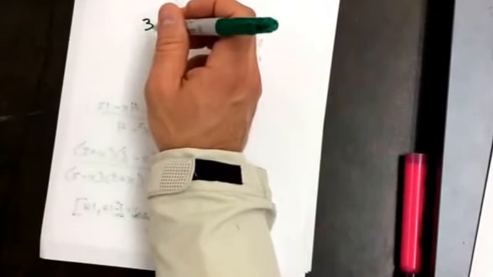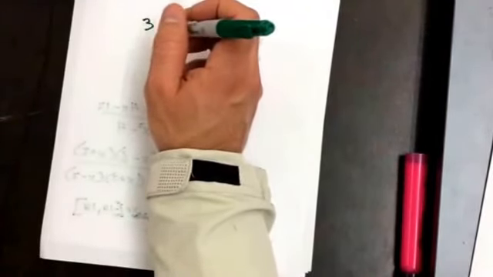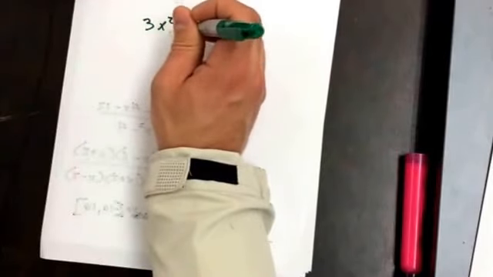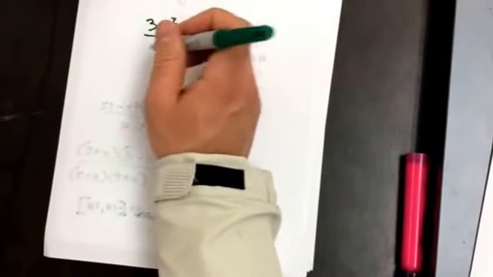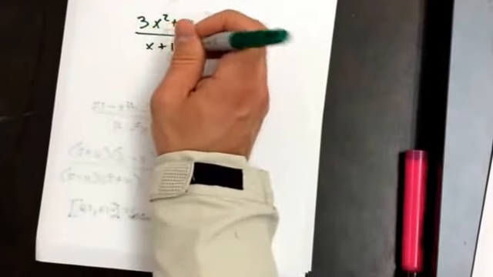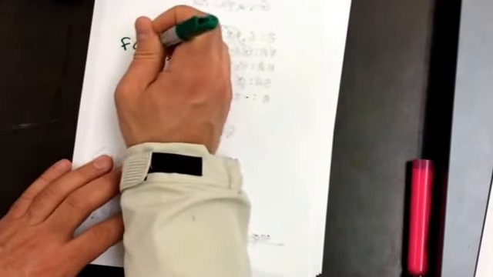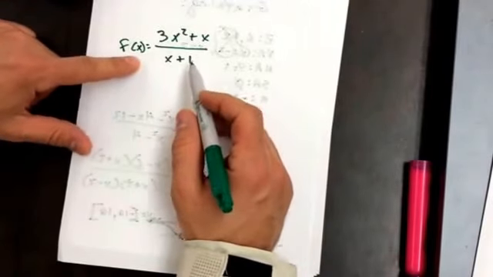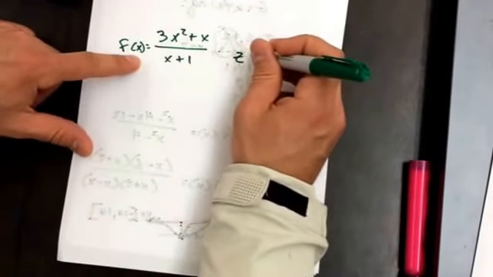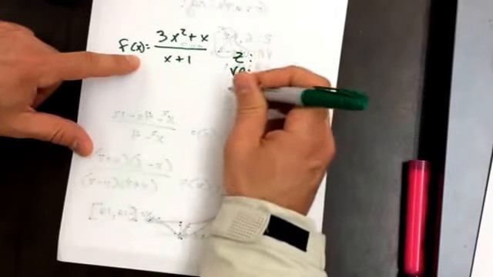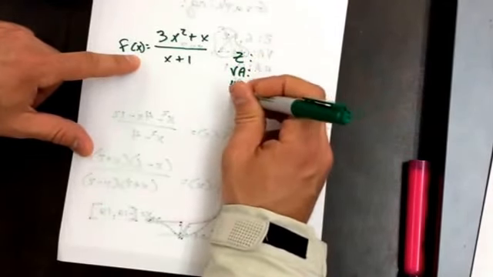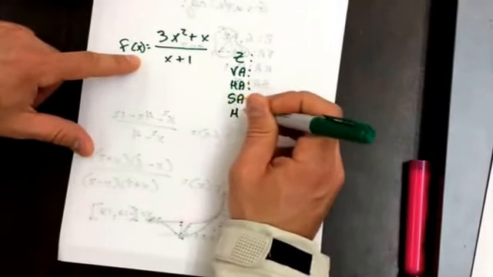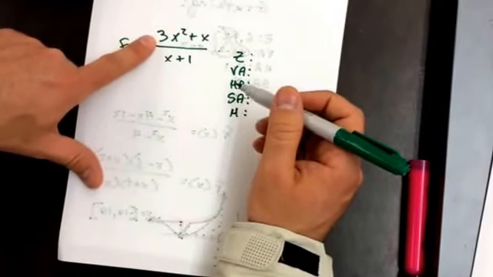Let's see what I got here. So what we're going to do is the first thing that we're going to look at is zeros, vertical asymptotes, horizontal asymptotes, slant asymptotes, and holes. So I'm going to try to factor this out.